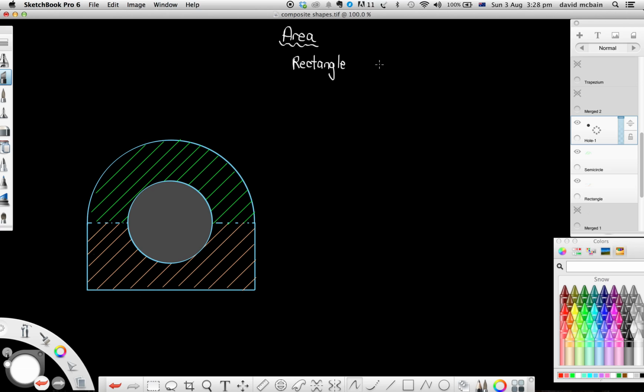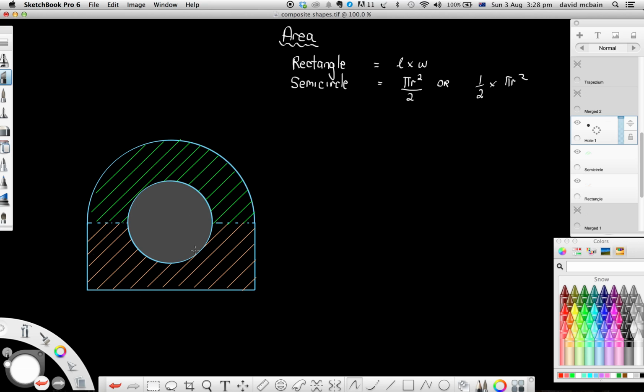And we know that the area of a rectangle is its length multiplied by its width. The second shape was a semicircle. And that is the area of half a circle, which is pi r squared divided by 2. Or alternatively, we can write that as a half times pi r squared.